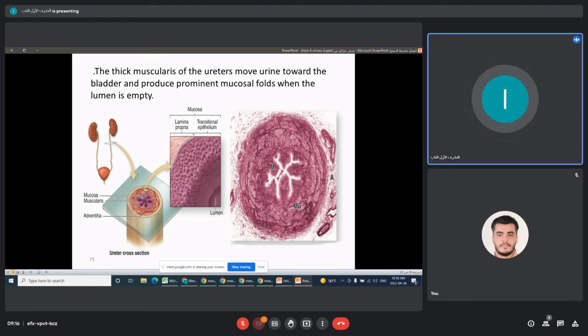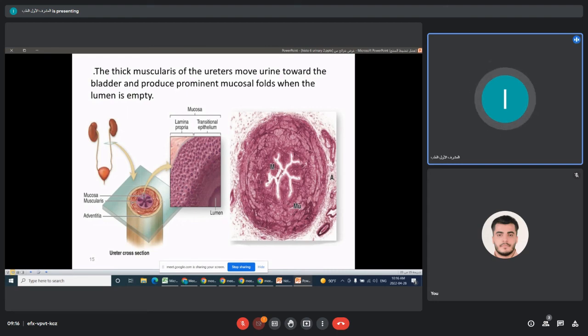First, the ureter here, you can see the wall of the ureter, which is similar to the calyces and renal pelvis, and has mucosa that consists of transitional epithelium or urothelium and underlying lamina propria, and a muscular wall. And then the outer is the adventitia. There is no submucosa in the ureter.